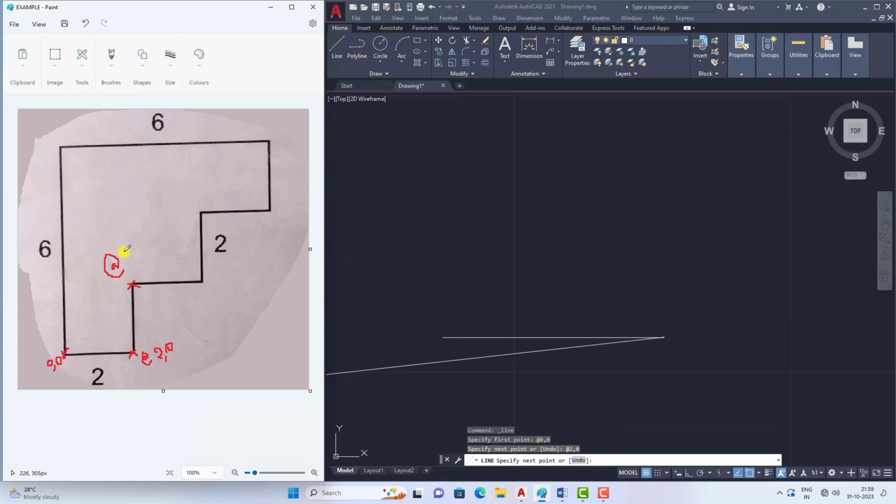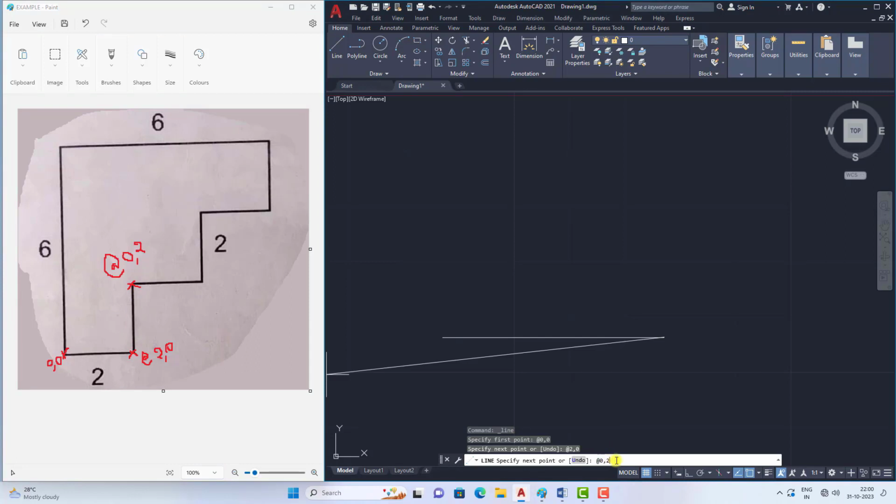I need to move 2 in the y direction and none in the x direction. So I need to give the values @ 0, 2. Why 0, 2? I don't want to move from this point in x, I need to move 2 upwards. So I am giving the value @ 0, 2 and pressing enter.